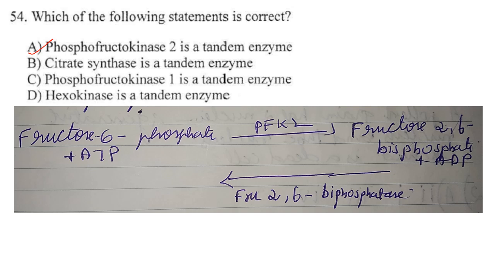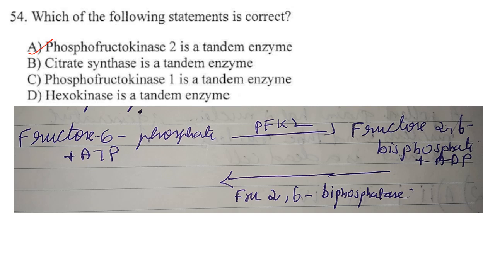A pair of opposing enzyme activities that are resident in the same polypeptide chain are known as tandem enzymes. Now if you take the case of phosphofructokinase 2, it is a tandem enzyme. It has two domains that act as independently functioning enzymes. One of them serves as the kinase domain, having phosphofructokinase 2 activity.